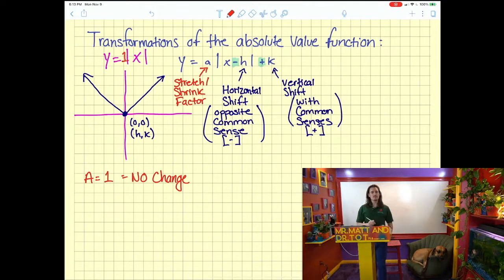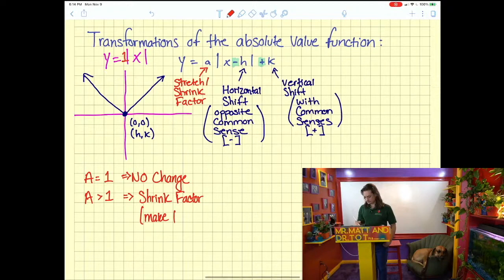Because if we have 1 out front of that absolute value function, it doesn't change anything at all. If a is greater than 1, and actually let me write this as arrows, if a is greater than 1, then this is a shrink factor. It's going to make the graph narrow, so tall and narrow.